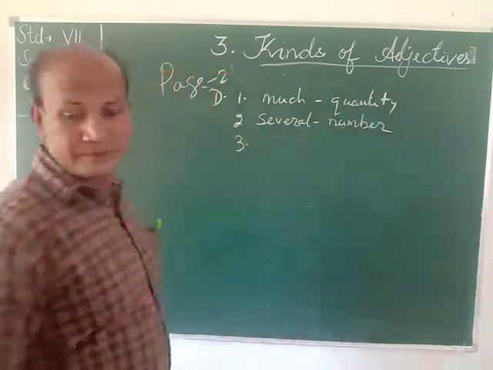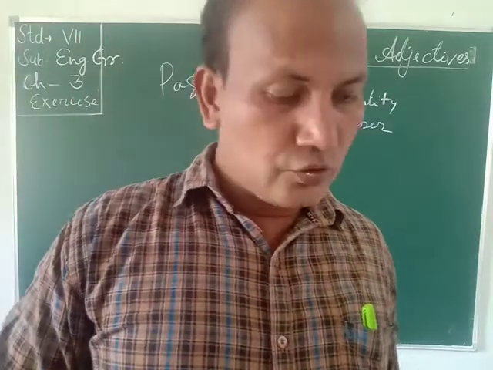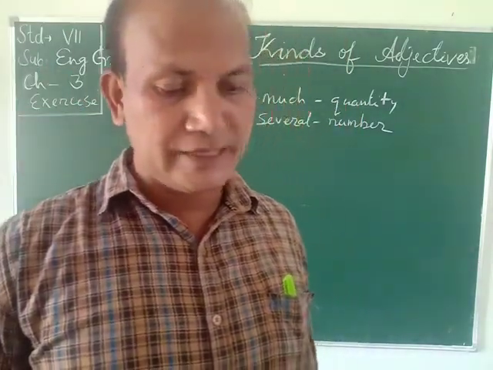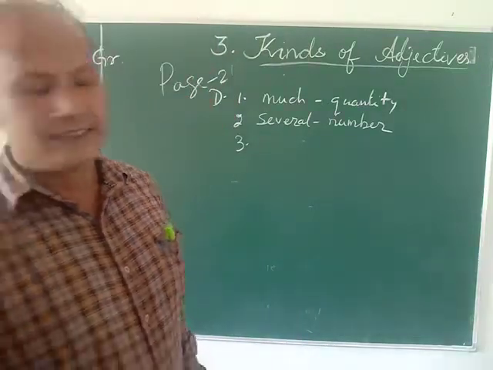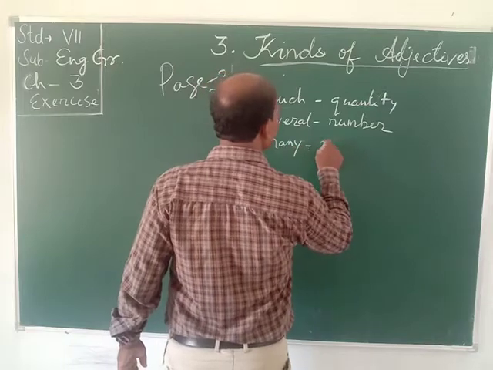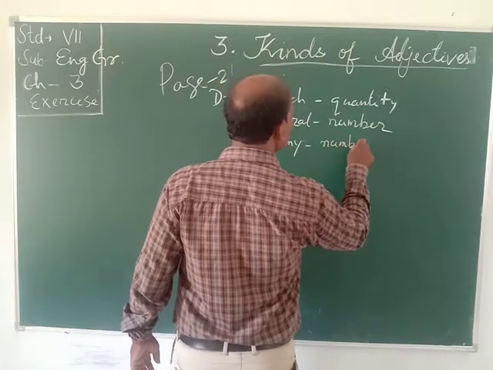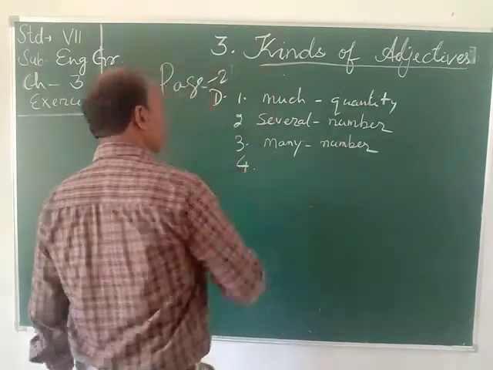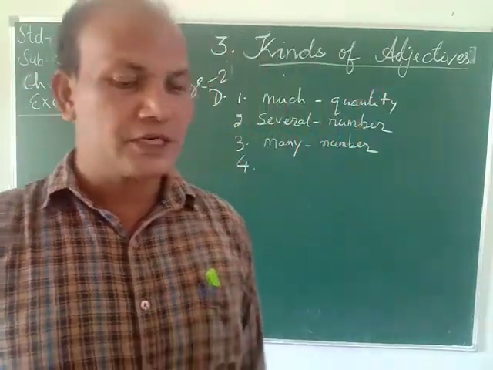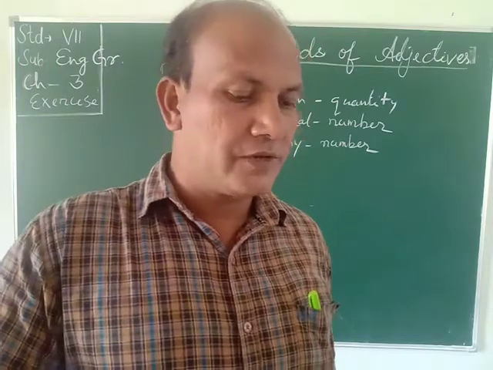Number 3. It took many years. That is number. Many is number. Number 4. Most farmers have started using modern methods of farming.